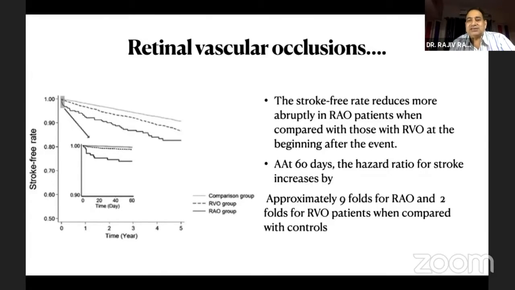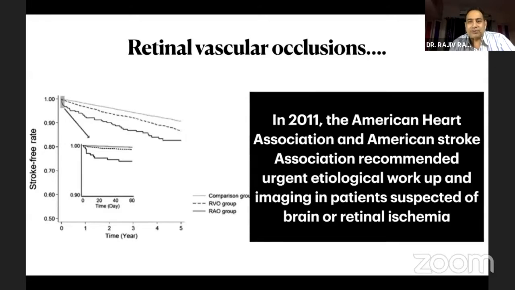That means at 60 days, the hazard ratio for stroke is nearly 9 times for retinal artery occlusion, and it is 2 times for retinal vein occlusion. Both of them have a risk of stroke. And that's the reason in 2011, the American Heart Association and American Stroke Association recommended that if a patient has retinal ischemia, they should get a thorough evaluation by a physician.